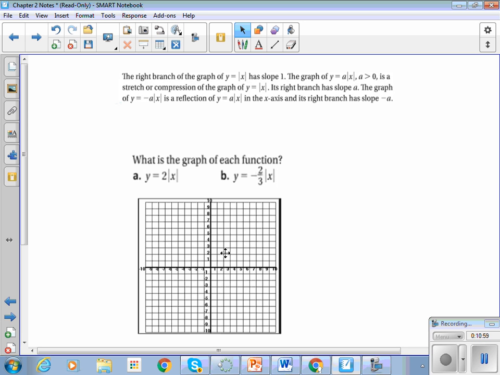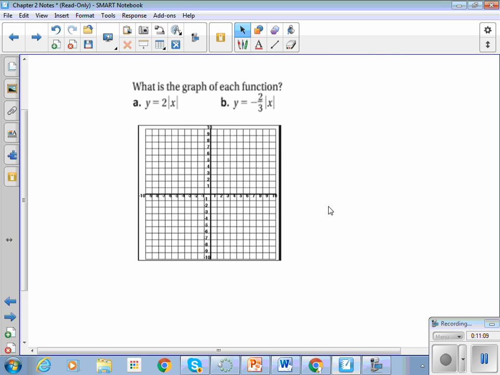Over 1, up 2. So our new slope of this right-hand branch is going to be 2 over 1.